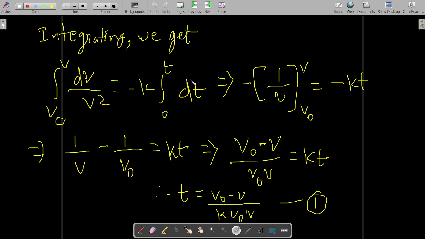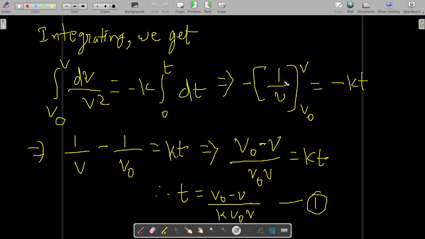After you simplify this, what will happen? dv by v square is there. When you take the v square to the numerator, it will be v to the power minus 2, and when you integrate v to the power minus 2 dv, what will happen? v to the power minus 2 plus 1 divided by minus 2 plus 1, so it will be minus 1 by v.